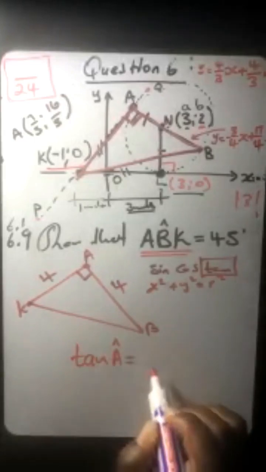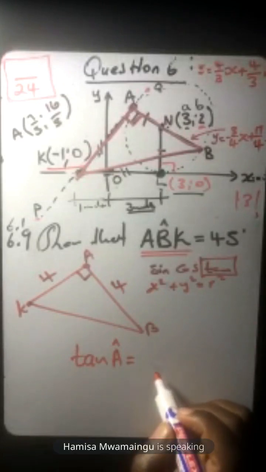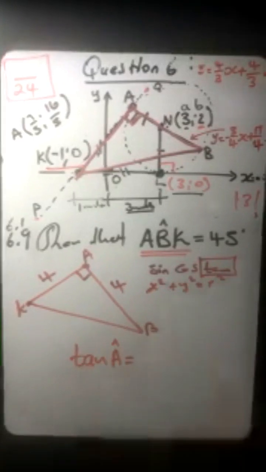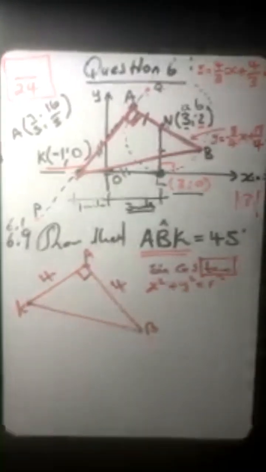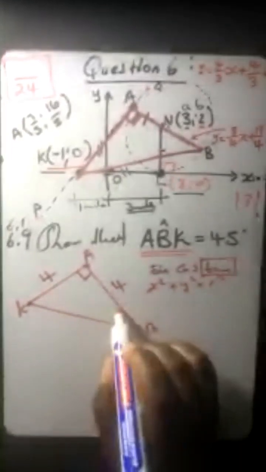Is it angle A that they want us to show? Not angle A, but angle B. Oh, yes, angle B. So now, which trig ratio will be suitable for us to show angle B? Let's see. We have adjacent and we have opposite. Which trig ratio?